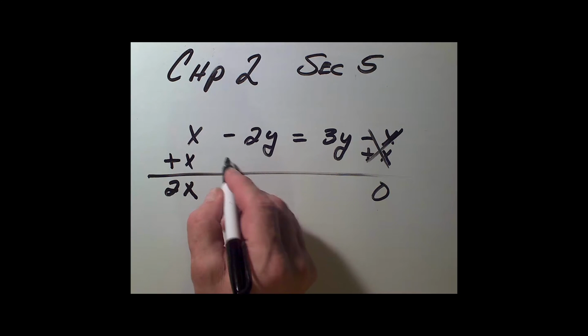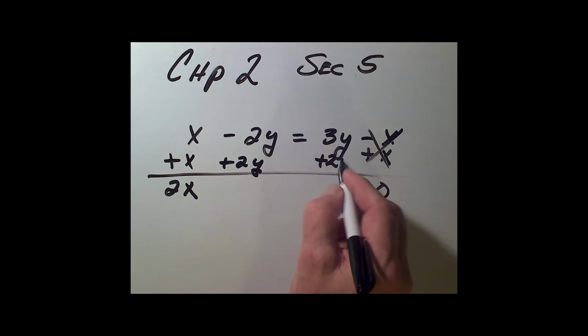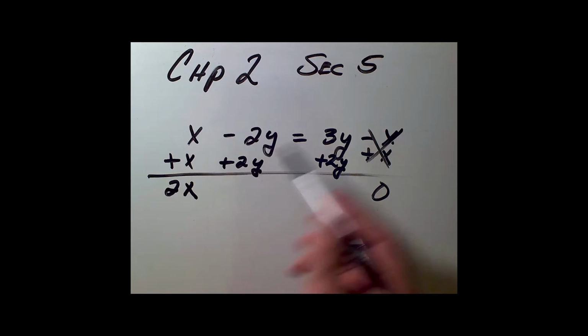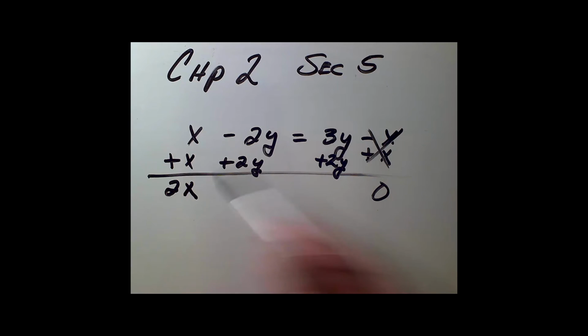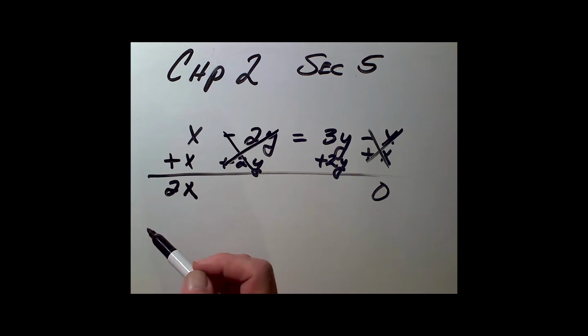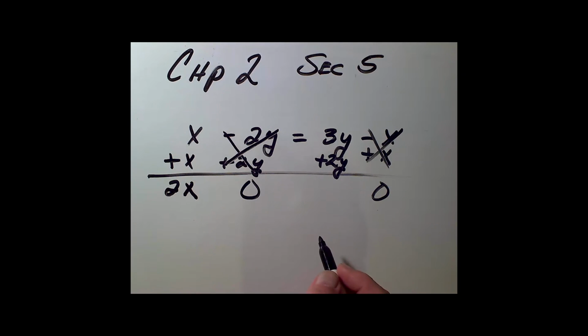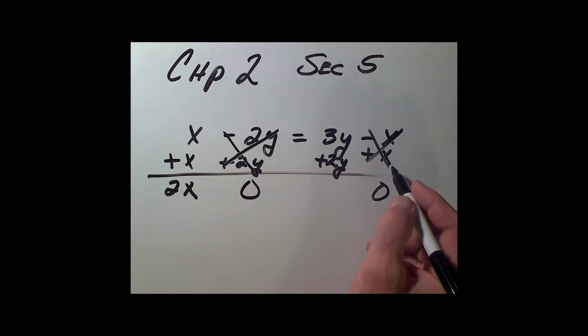So let's add 2y here and add 2y here. Notice I put them underneath the y's, just like I did with the x's. In this case, my y's cancel. Minus 2y plus 2y is 0, just like my x's canceled over here.